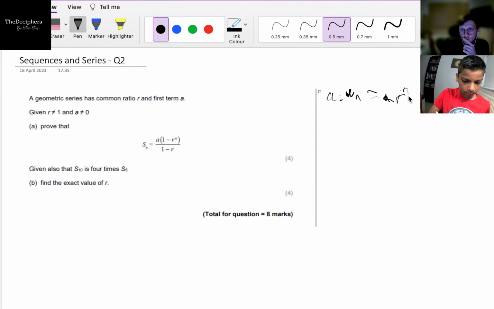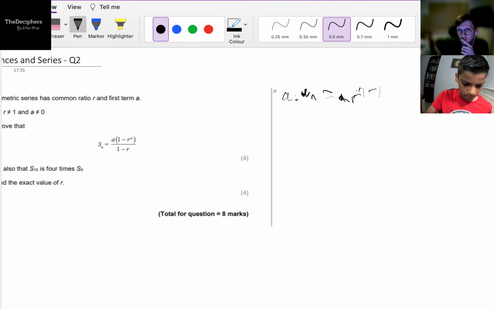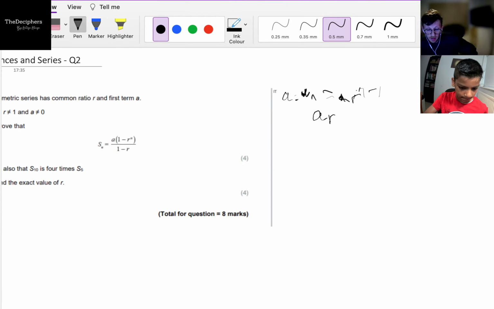A r to the power of n minus 1. And then now what we need to do is, we're finding the sum, so I think a good thing to do is to start writing down the first few terms of S_n.